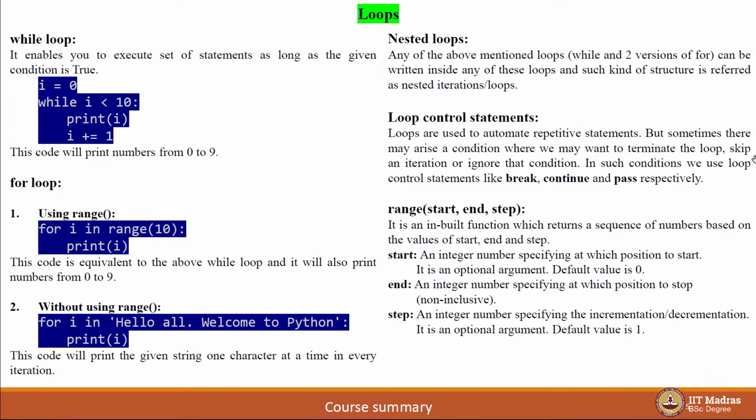After conditional statements, the most useful component of any programming language is loops. In Python, we saw 2 different types of loops, while and for. In for loop, we also talked about 2 different variations of for loop. One using the range function, whereas the other one without using the range function.